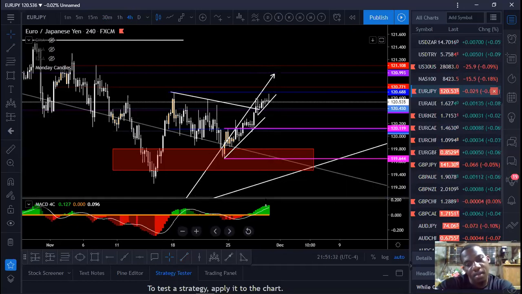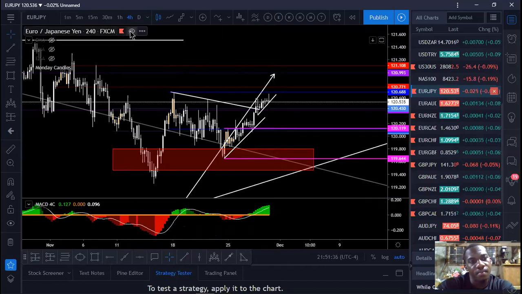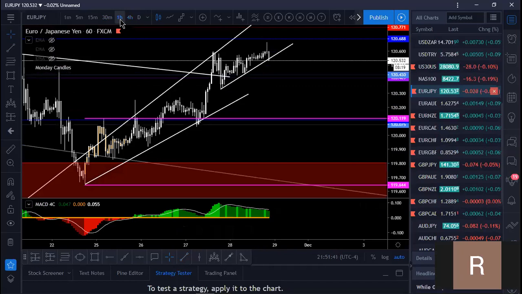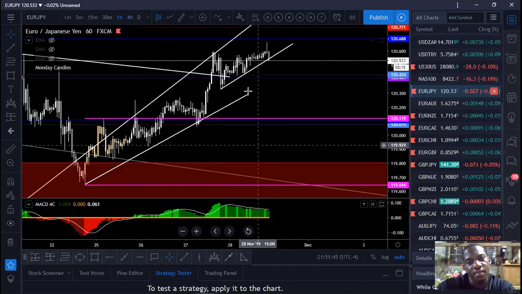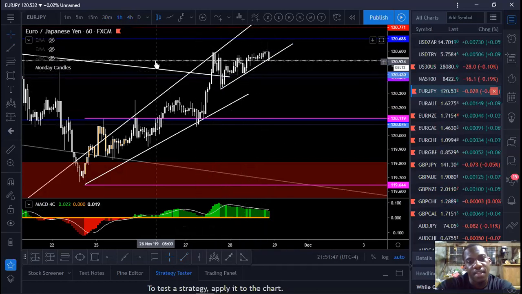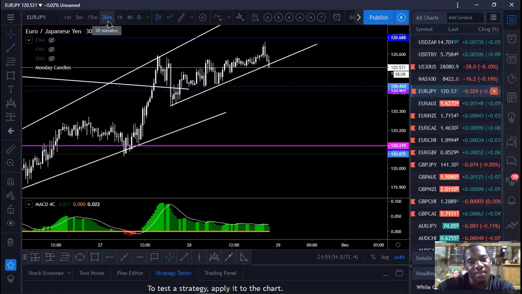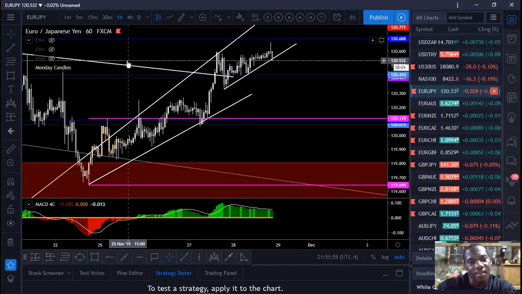All right, but it's still got enough momentum on the MACD too. But because it's seeing the divergence here, that would entice me to kind of want to take this. Right?